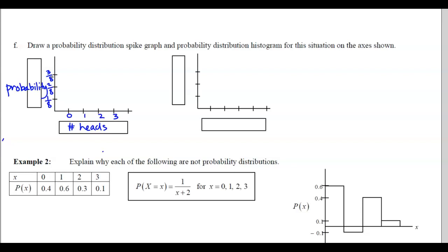And then for 0, it goes to 1/8. So for a probability spike graph, use a ruler. I'm just going to use my straight line, my smartboard is finicky. Okay, so they look like spikes.